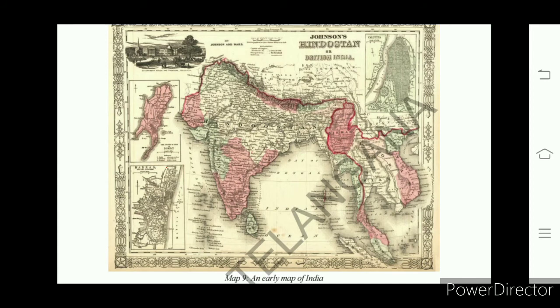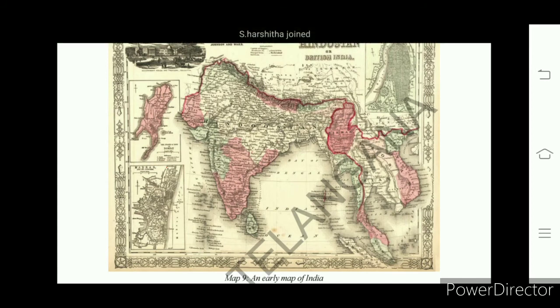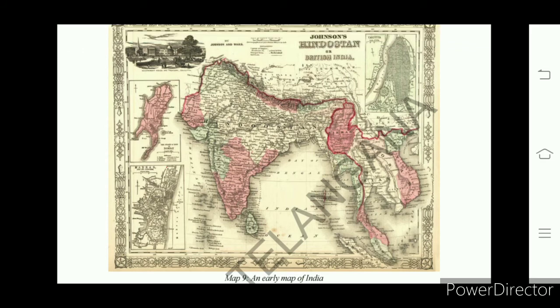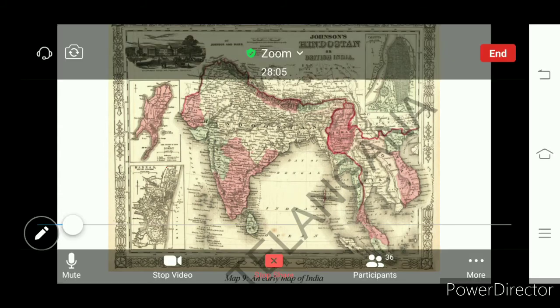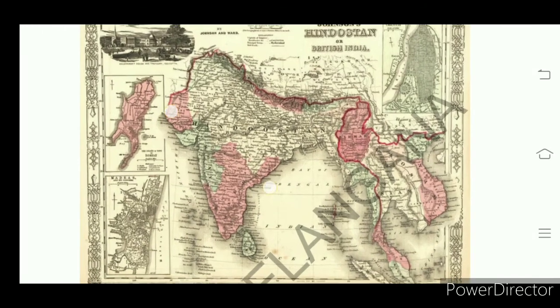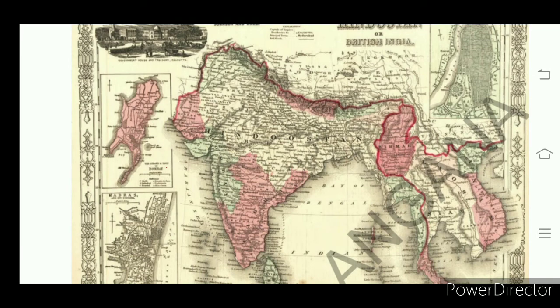So, how is India at that time? Compare this India map with the current India map. Can you identify some differences here? How large India is?